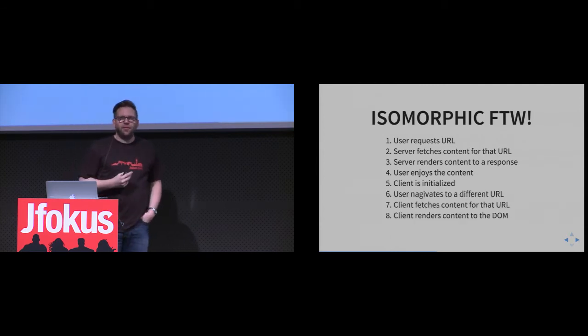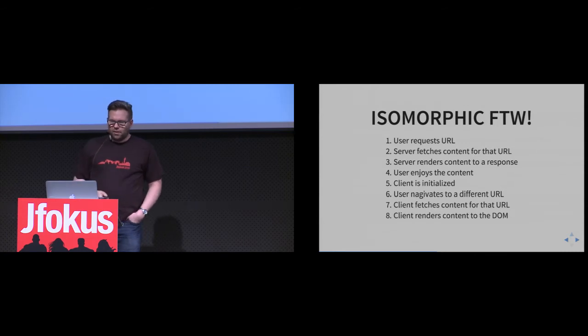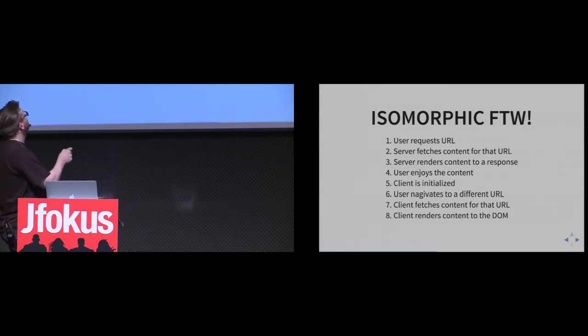And after that, if a user navigates to a different URL, your client can fetch the content and render the page. And after the client is initialized, fifth point, the application is running on the client.